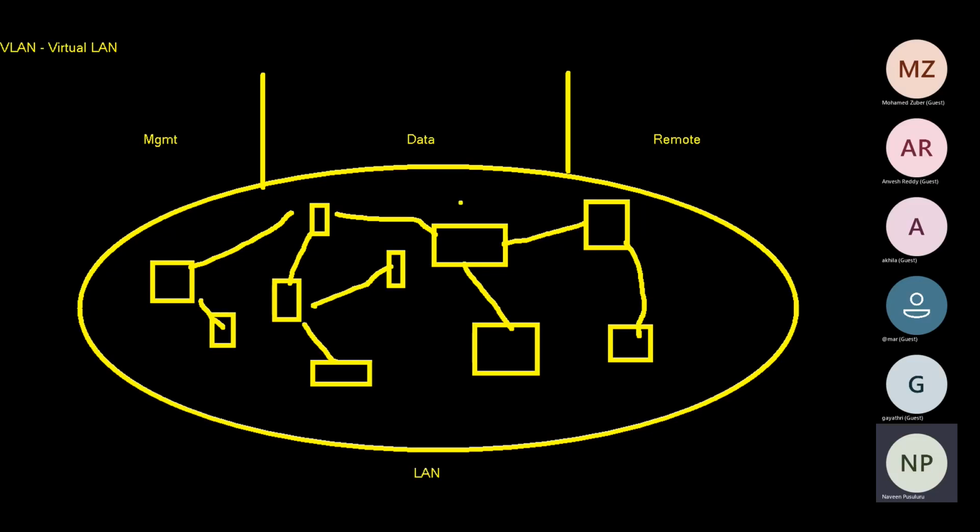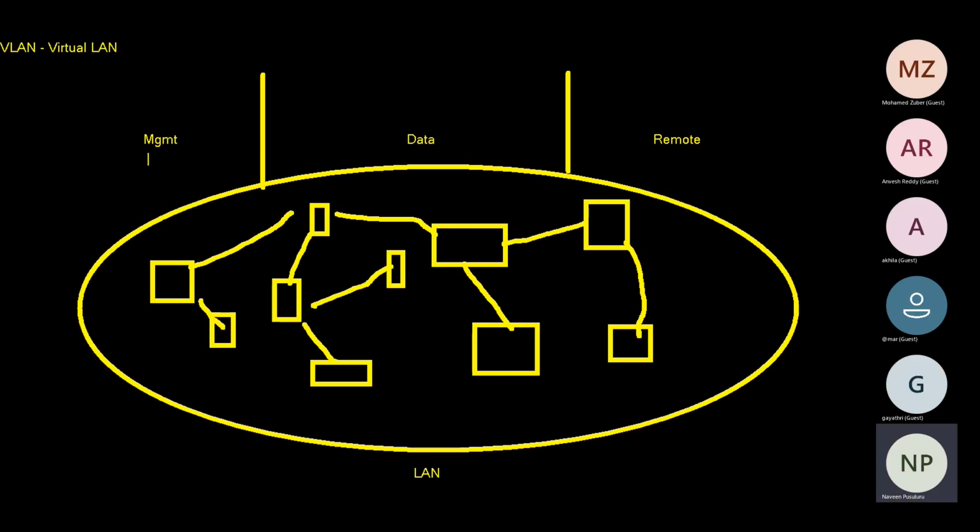They can divide a single LAN into multiple virtual LANs. Whenever they are configuring a VLAN, they need to assign one ID to the VLAN.